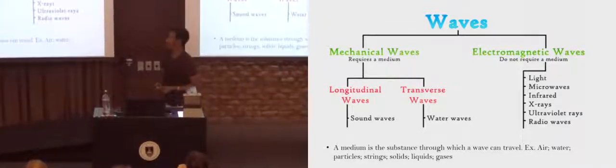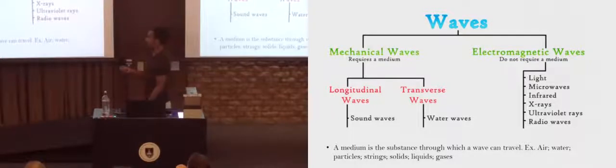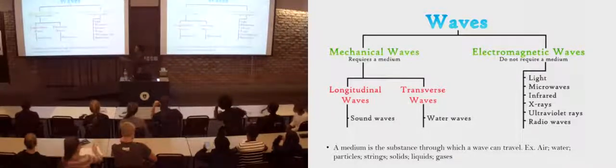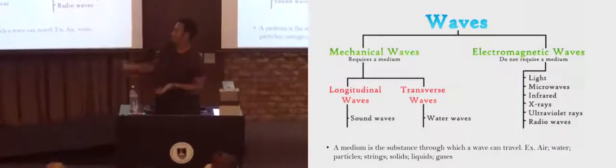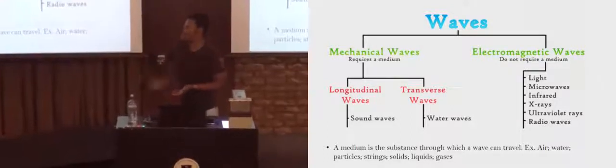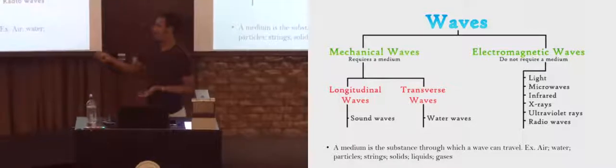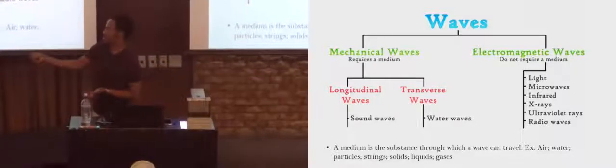They require a medium. They can also be classified based on the movement of the medium and their direction. They can be classified into two, longitudinal waves and transverse waves. An example of longitudinal wave is the sound wave.